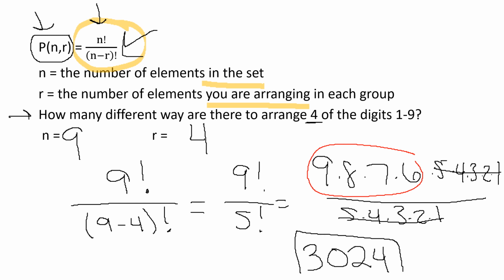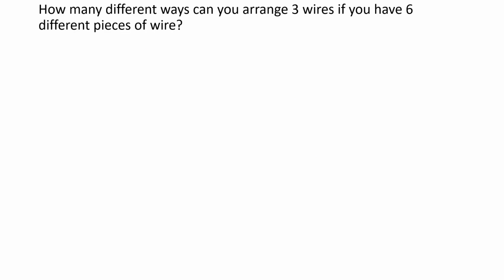Now let's do several of these, all right? So here's another example. How many different ways can you arrange 3 wires if you have 6 different pieces of wire? So here's our formula: n factorial over n minus r factorial. Remember, n is the number of elements in the set.